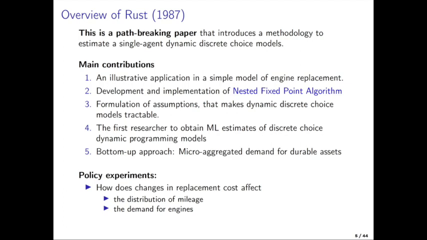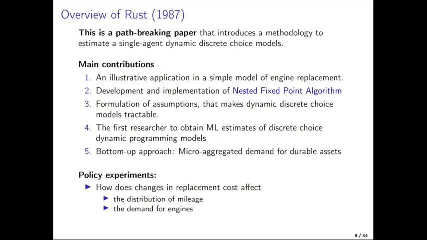And this was what was feasible at the time in 1987. You had to work on a supercomputer to solve this. And in fact, when John Rust first submitted this paper to Econometrica, the editor, Angus Deaton, actually said, this sounds pretty good, but I want to see that this is actually possible in reality.